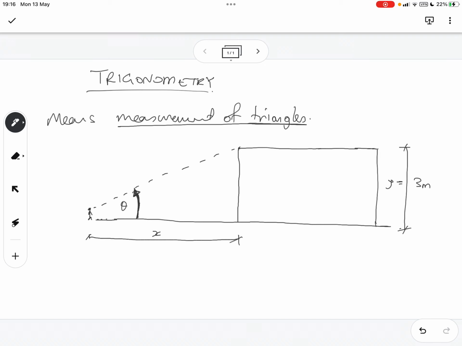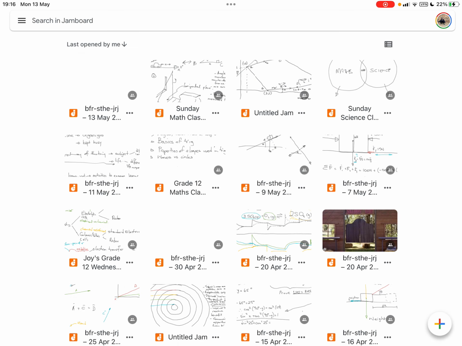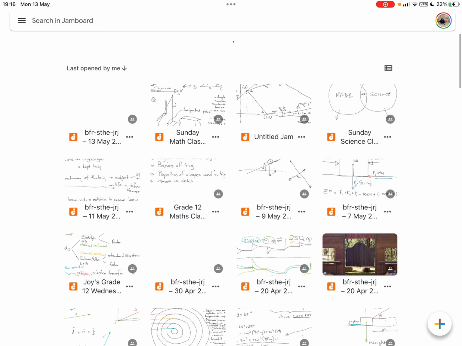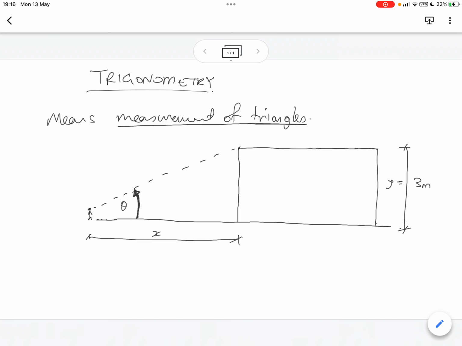Your Jamboard. Let me see. It says you've joined us. Serious, it says you've joined. And even on my computer screen, it hasn't refreshed. I don't know if I opened the correct Jamboard, but this is the only one here, 13 May. Yeah.